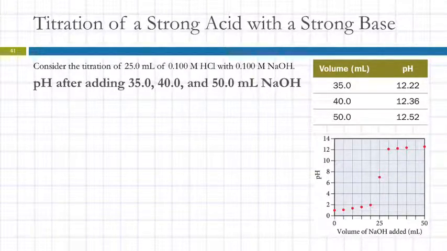We can continue calculating, adding 35, 40, 50 milliliters. Do you think anybody needs to see these? It's kind of getting repetitive, huh? Same idea as the last one. You find out how much sodium hydroxide remains unreacted, divide by the total volume of the solution, and find the pH. So the pH continues to go up, and there we've got our curve.